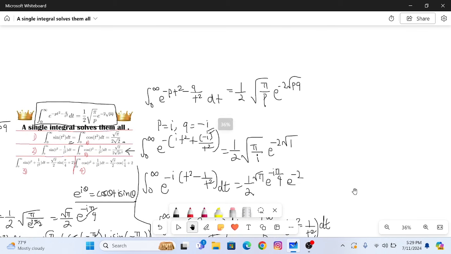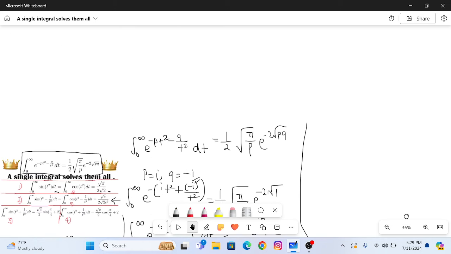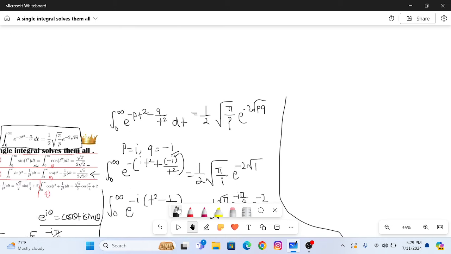For that one we will just substitute i for both the values of p and q. So let's see that. Again we will take the initial, original formula that we have, which was the integral from 0 to infinity of e to the power minus p t square minus q by t square dt.